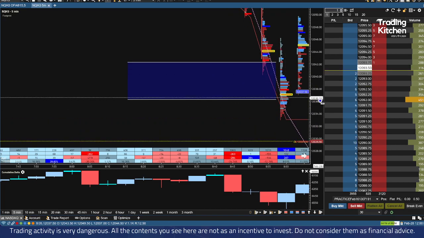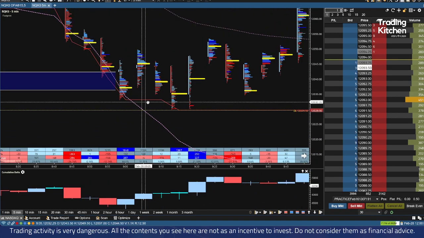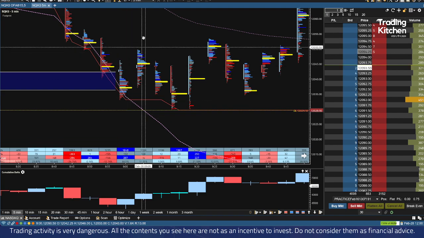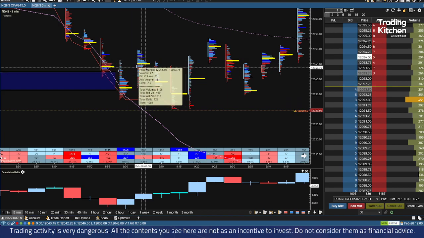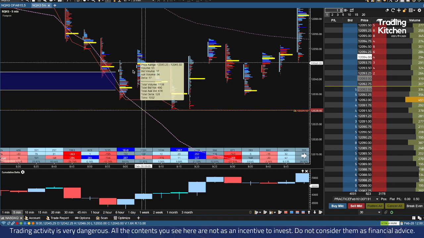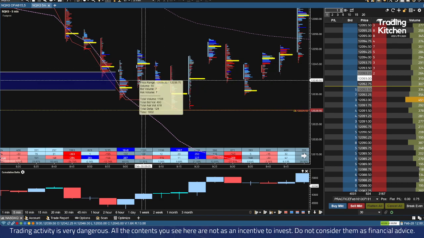Trapped sellers. Price then makes another move. This is what you call price action, candlestick pattern. Candlestick traders call it a doji, so an indecision movement, an indecision candle.